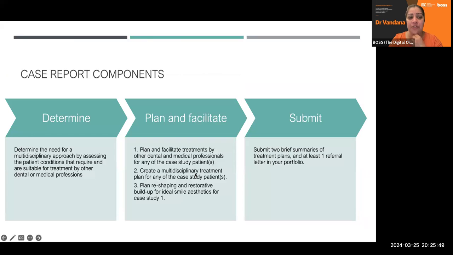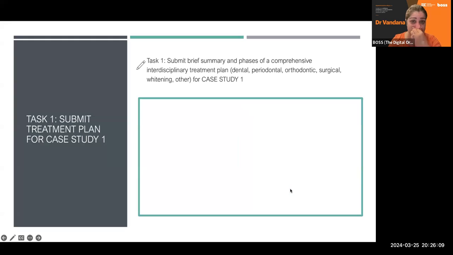So what we want to do is you determine whether there's a need for specialists here. Plan and facilitate. So you're going to treatment plan them, the phases of their treatment plan, and just basically write brief summaries of their treatment plans and at least 1 referral. So we don't even want 2 referrals actually.